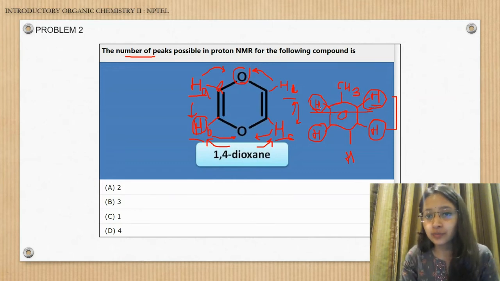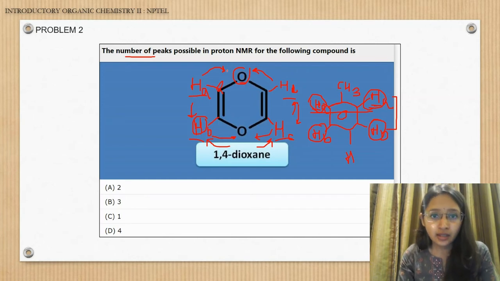So these are the Ha protons, and these are the Hb protons, because Hb protons are surrounded by hydrogens only, but Ha protons are surrounded by a methyl and one hydrogen. Similarly in this case, it is a symmetrical molecule where all the hydrogens have the same environment.